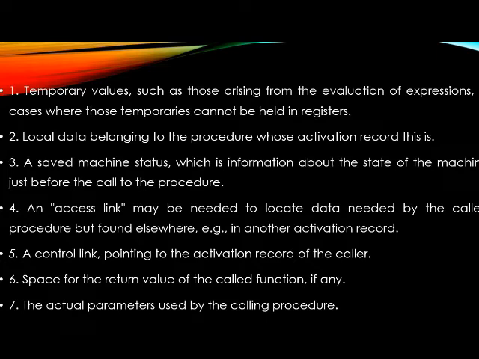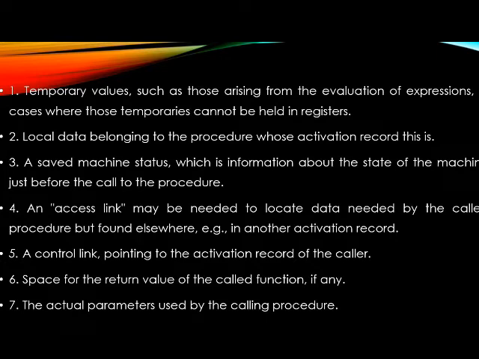These temporary values are not stored in register memory, only in some temporary memory. Next, local data: whenever we use several procedures or functions, each function uses some data to complete its functionality. Whatever data is used by each function is treated as local data to that particular function only.